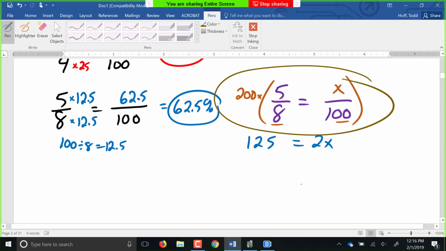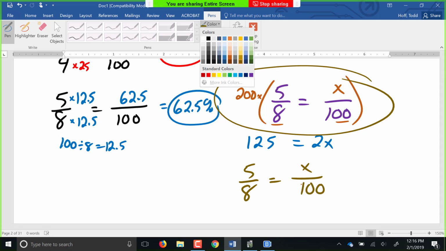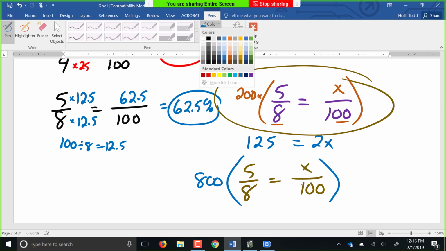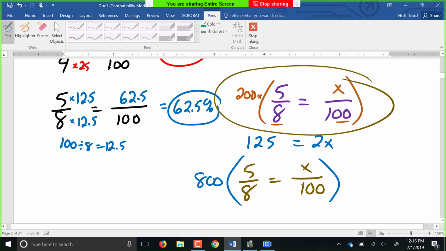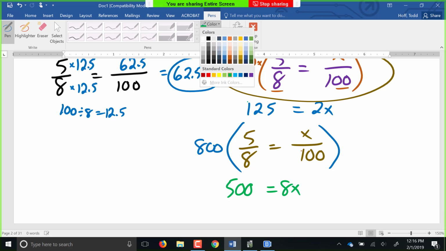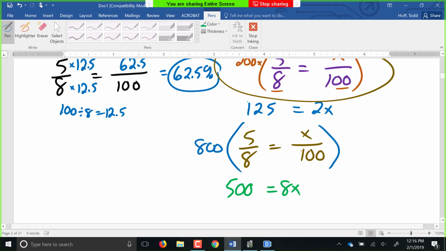A simpler way of handling that is simply, we're going to just multiply by the product, 8 times 100, which is 800. And if I multiply by 800, 800 times 5/8 is 500. 800 times x over 100 is just 8x. And you'll notice what we get there.